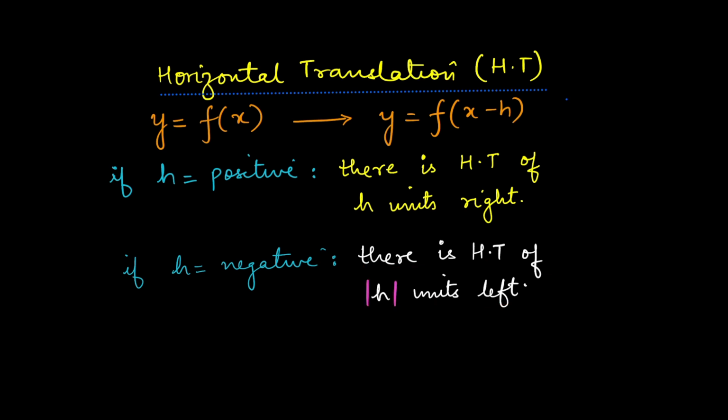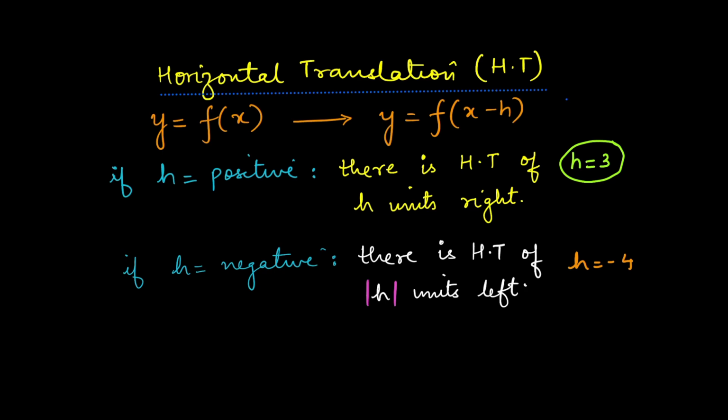Now just giving you an example, suppose we have h as 3. We will write that there is a horizontal translation of 3 units right, because h is positive. Now suppose h is minus 4. In this case, how do we describe the transformation?